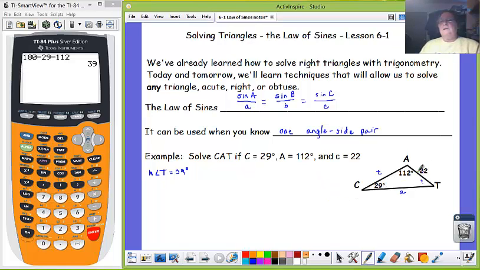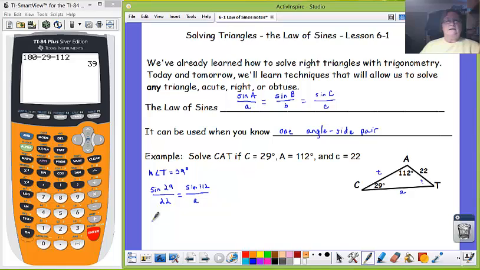To find the side lengths now, we turn to the law of sines. We want to think about the angle-side pair that we know. We know the angle at C and the length of the side across from it. So we're going to say the sine of 29 relates to 22 the same way, or will be in the same proportion, as the sine of 112 is to the side across from it, A. Now, if you remember your proportions, you know that we cross multiply, right?